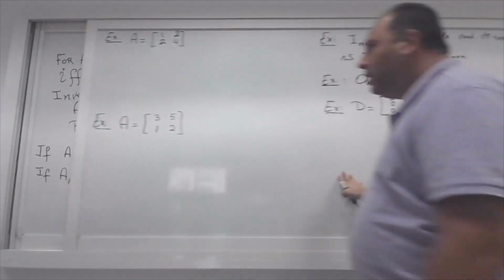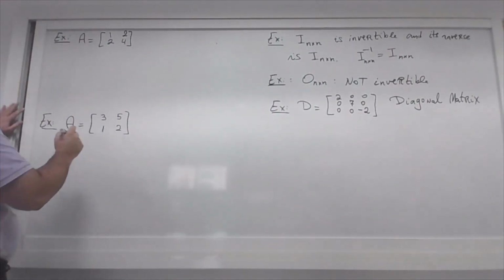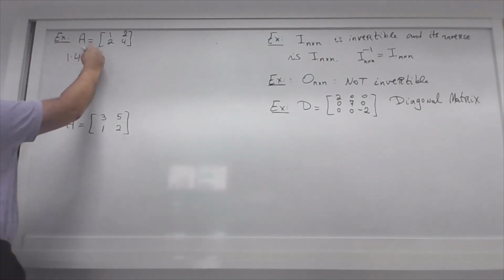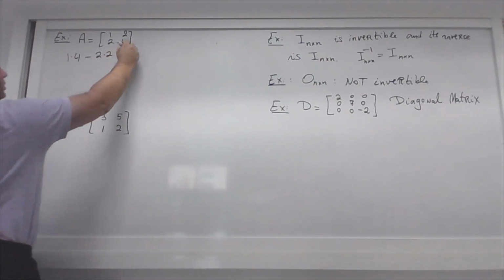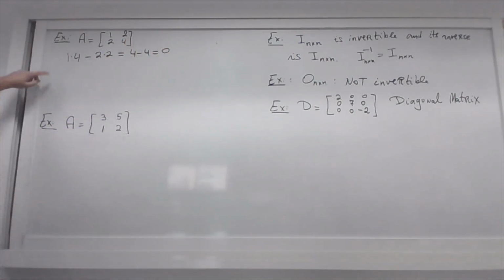Some other examples. So this matrix here, I have 1 times 4 minus 2 times 2, so this is 4 minus 4, 0. Oops. This means that this matrix doesn't have an inverse.